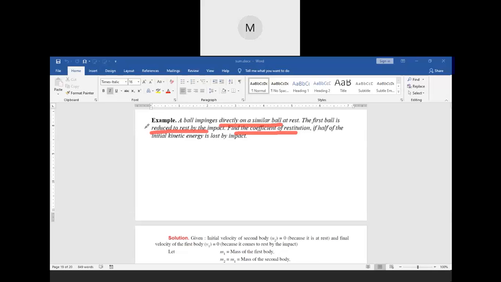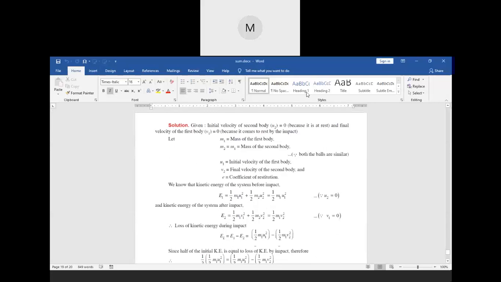Because the final velocity of the first body is equal to 0. And the other body which was at rest initially comes into motion. Right? So now we have to find out in that order.